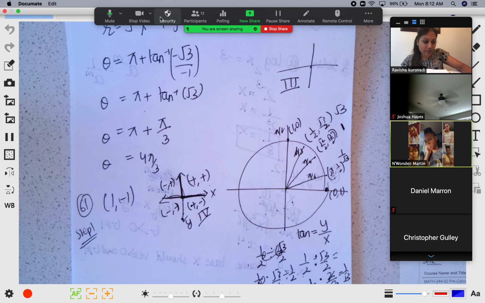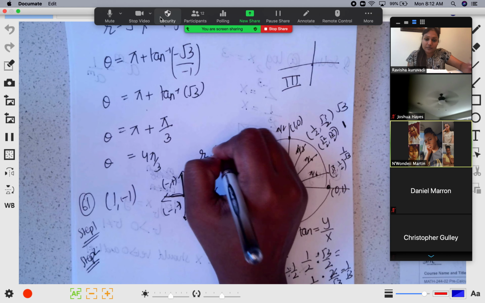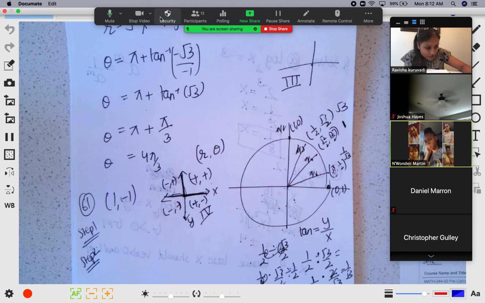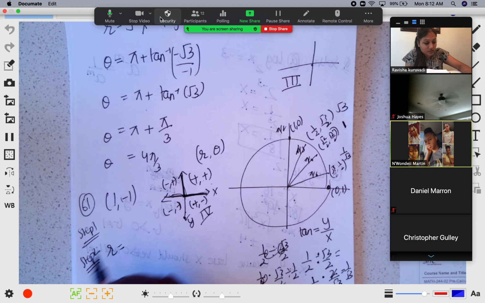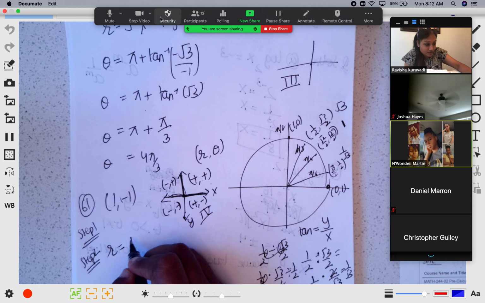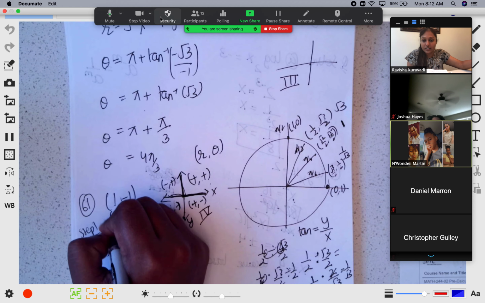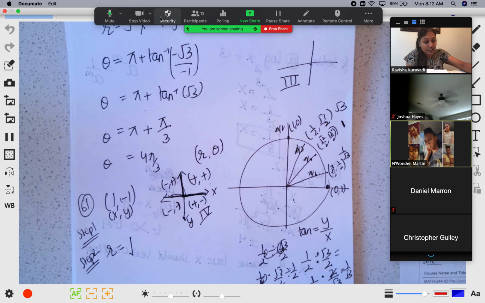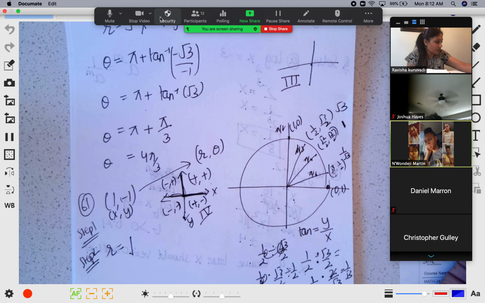Step 2 is to find R and theta. How do you find your R? This is X, Y given to you in rectangular coordinates. We need to find R, theta. What's the formula for R?